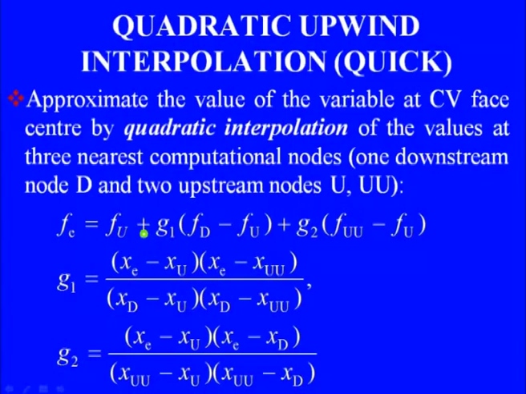So, let us first have a look at this generic formula: F_e is F_U plus G1 times (F_D minus F_U) plus G2 times (F_UU minus F_U), where these coefficients G1 and G2 are based on the mesh spacings: G1 is (x_e minus x_U) times (x_e minus x_UU) divided by (x_D minus x_U) times (x_D minus x_UU), and G2 is similarly given as (x_e minus x_U) times (x_e minus x_D) divided by (x_UU minus x_U) times (x_UU minus x_D).